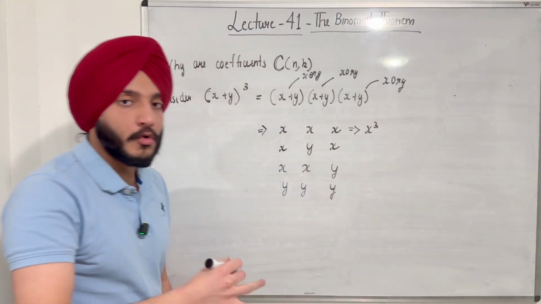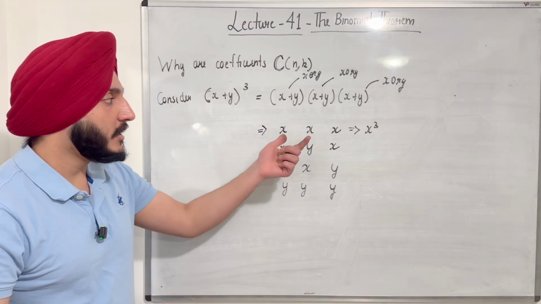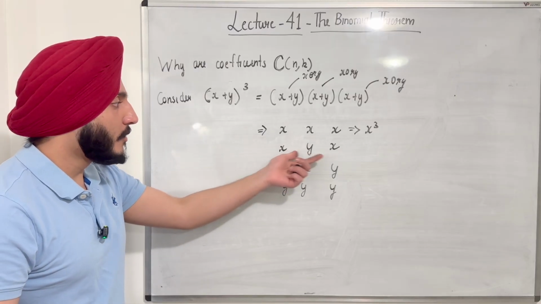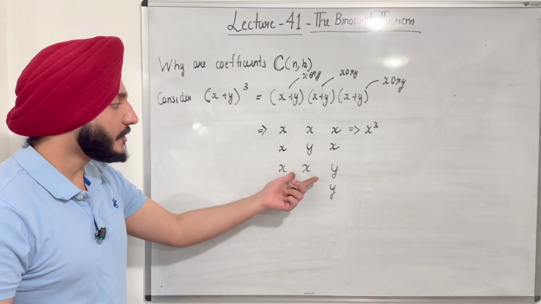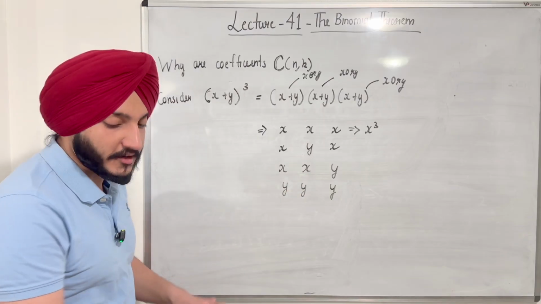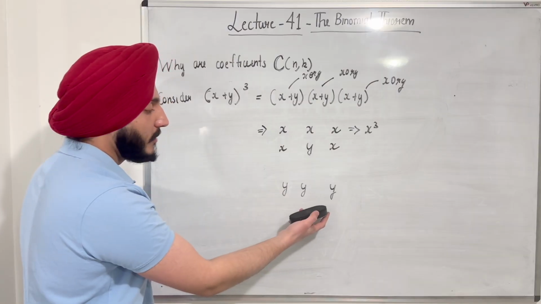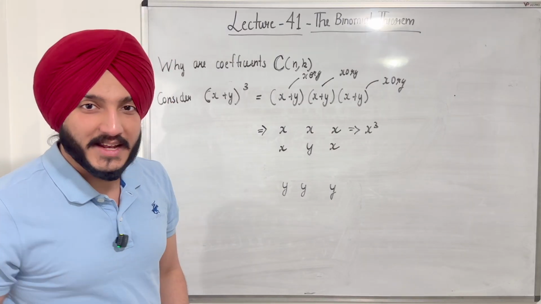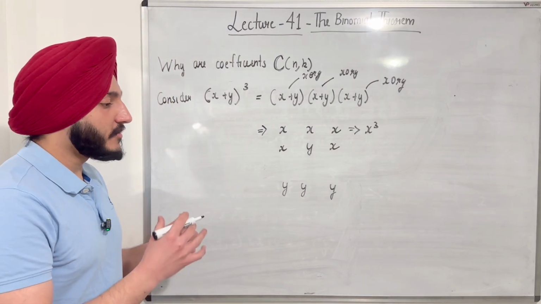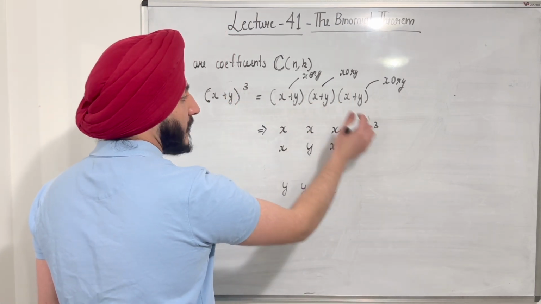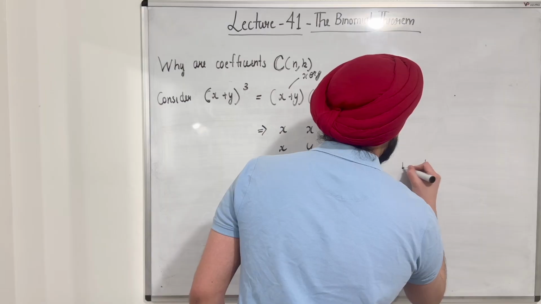We're not worrying about the coefficient for now. Just take a look at the terms that we have. Another way is that I have 2 x's and 1 y. Another arrangement is actually the same thing, so it doesn't really matter. We just care about the count. One way could be y cubed. The idea is very simple. Now let's try to imagine it in this way. Think about these (x + y) brackets as 3 empty boxes.